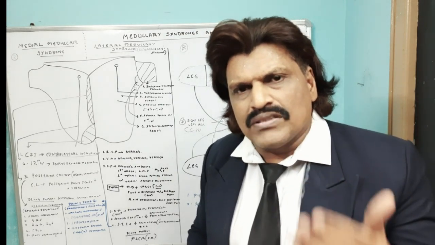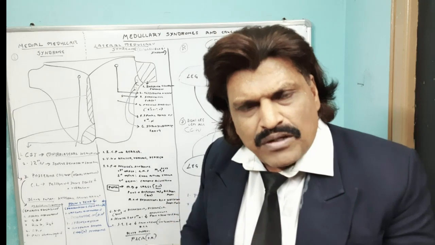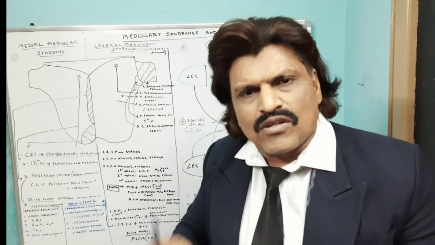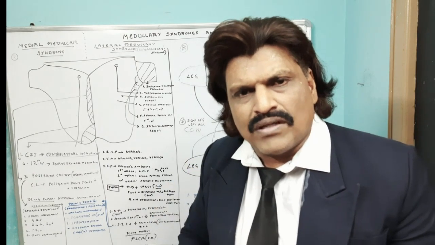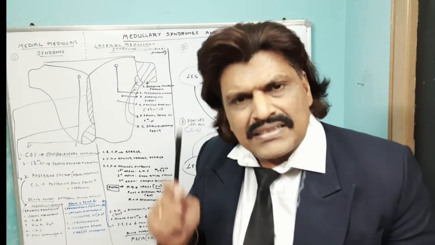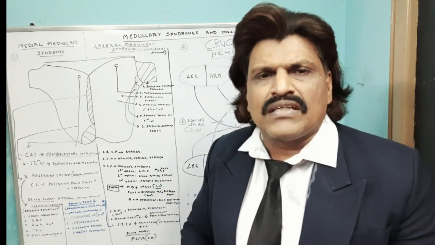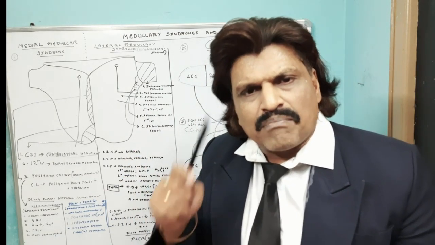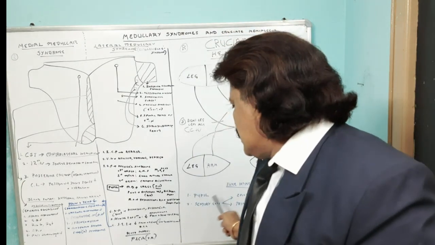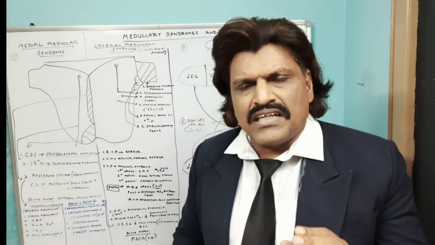In the midbrain it produces a dilated pupil. In the pons it is bilateral Horner's syndrome because a single artery supplies the pons, so you have bilaterally small pinpoint pupils. In the medulla oblongata it is a unilateral Horner's syndrome because the medulla is supplied by a single artery, the vertebral artery or PICA. The second is the sensory loss.